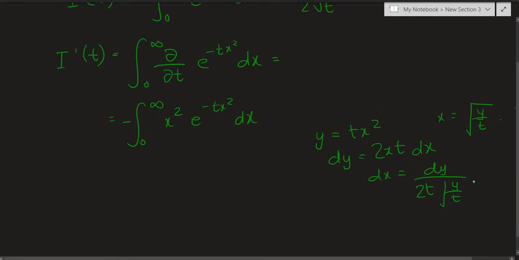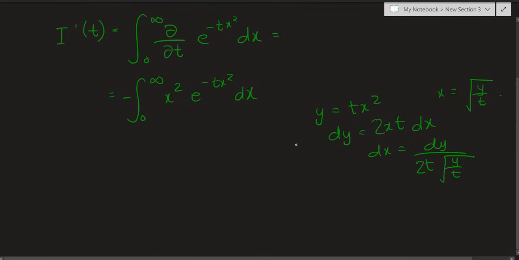So y over t under root, that's basically your dx, and x squared is y over t, right? So we have negative, again upper and lower bounds are the same. x squared is, as I said, y over t times e raised to negative y. dx is this dy over 2t times square root of y over square root of t.